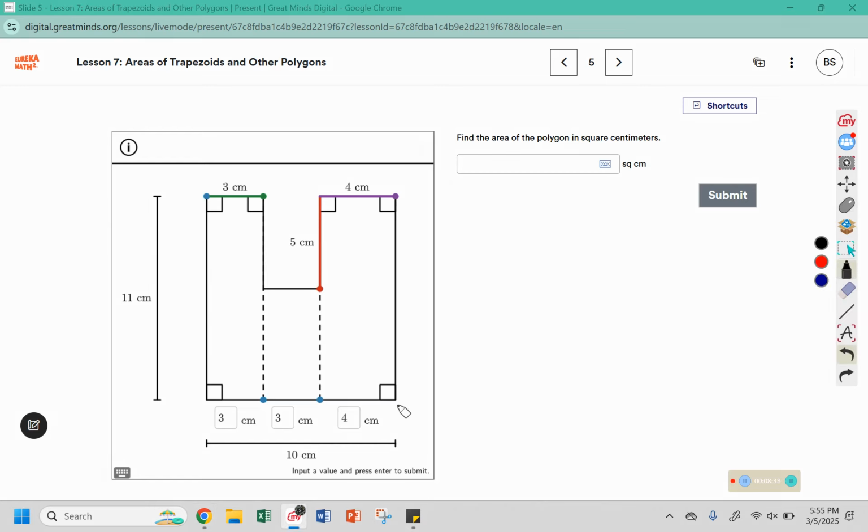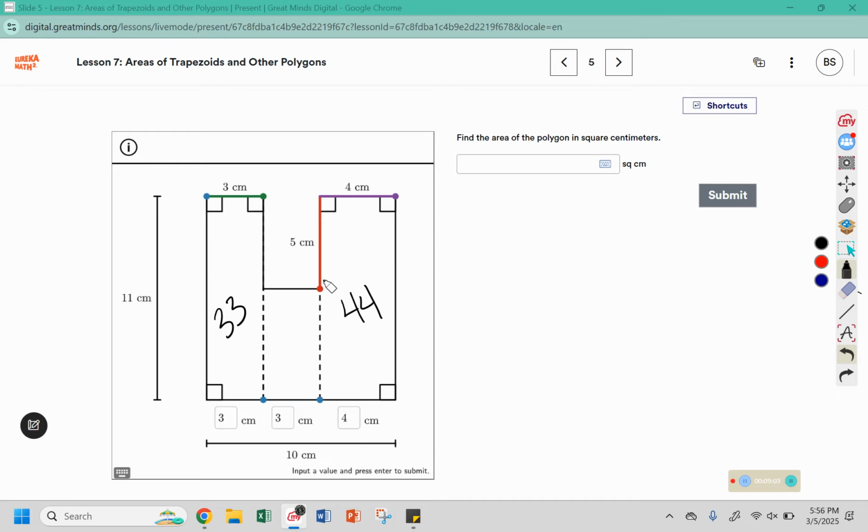This has a base of 4, and the whole height is 11. Base times height, 4 times 11 is 44. This piece has a base of 3 and a height of 11. 3 times 11, base times height, is 33. This center piece is 3 wide.